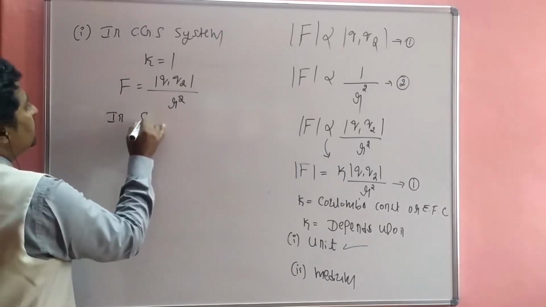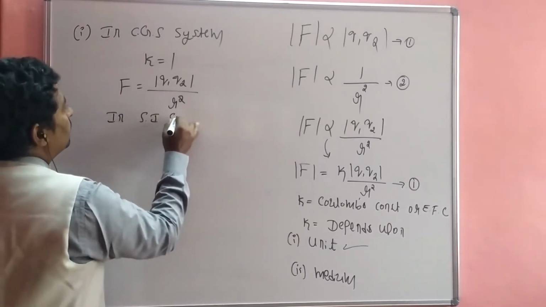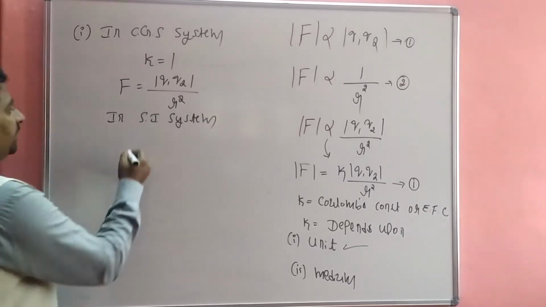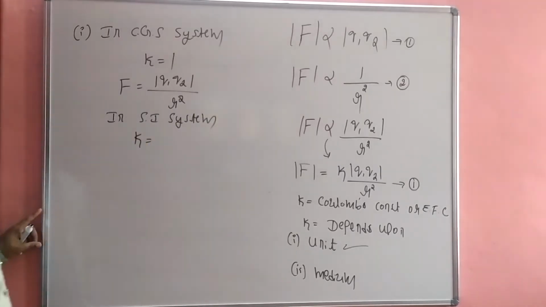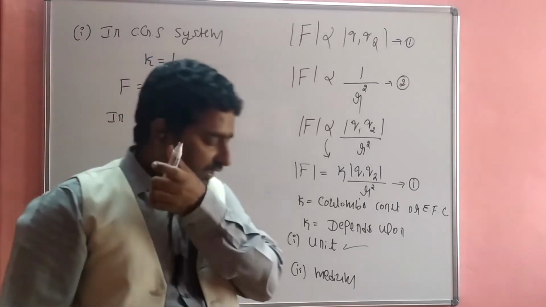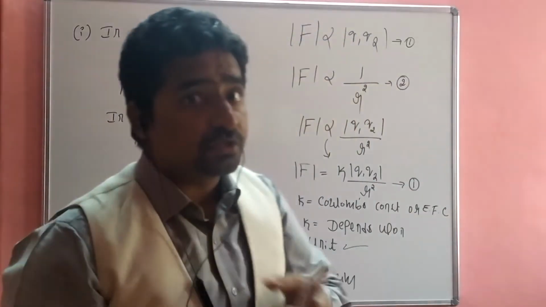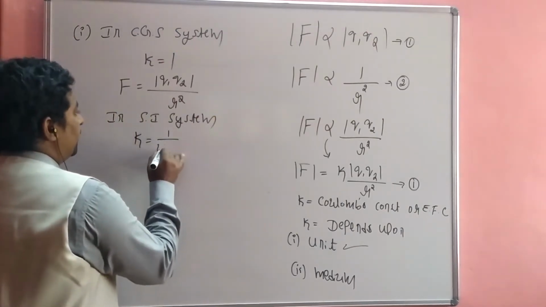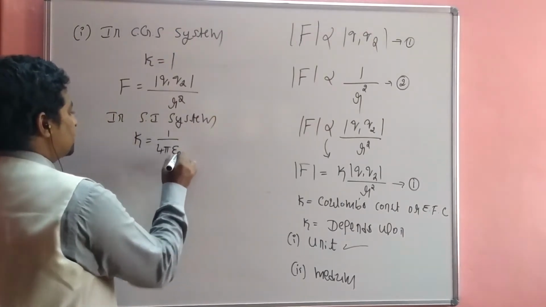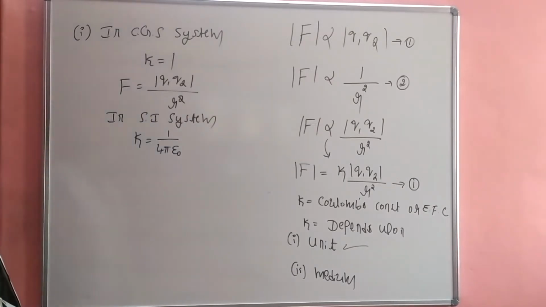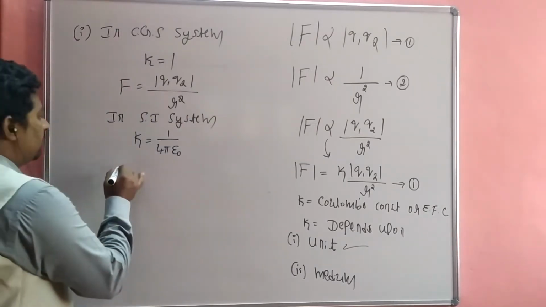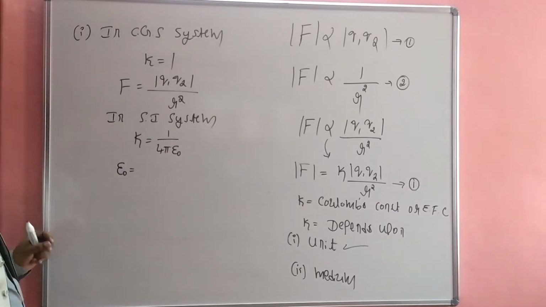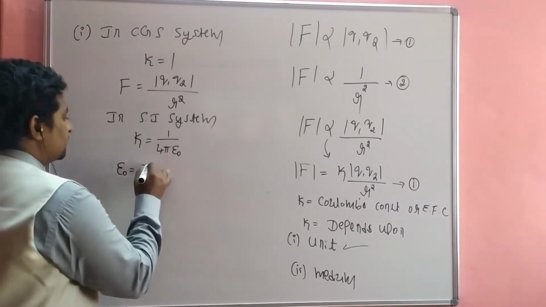In the SI system, K is equal to 1 divided by 4 pi epsilon naught, where epsilon naught is called the electric permittivity of free space.